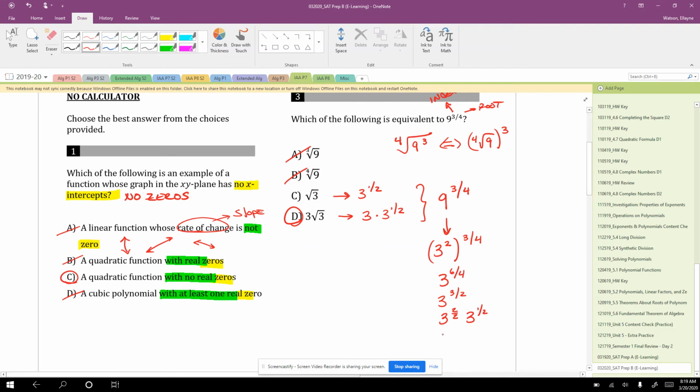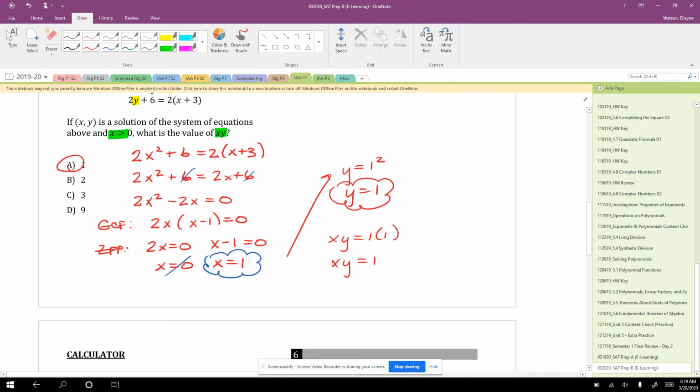Now, this is 3 to the power of 1 times 3 to the power of 1 half. And now look what we have. This is equivalent to this. And that's how we can actually prove that D is the correct answer. However, again, I'm not sure that I would spend all that time on that. I would eliminate and by default choose D as my answer.